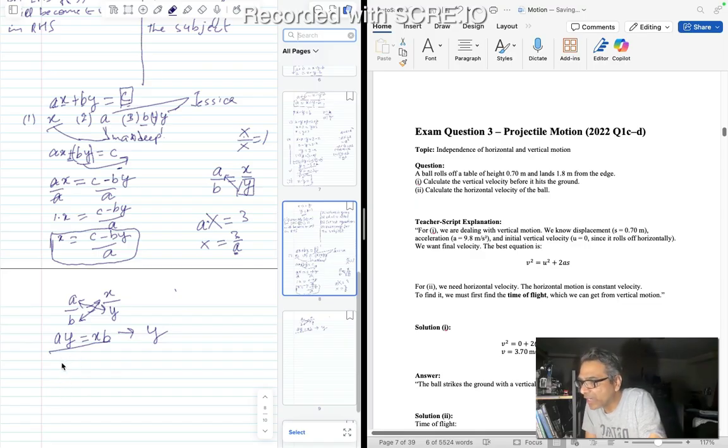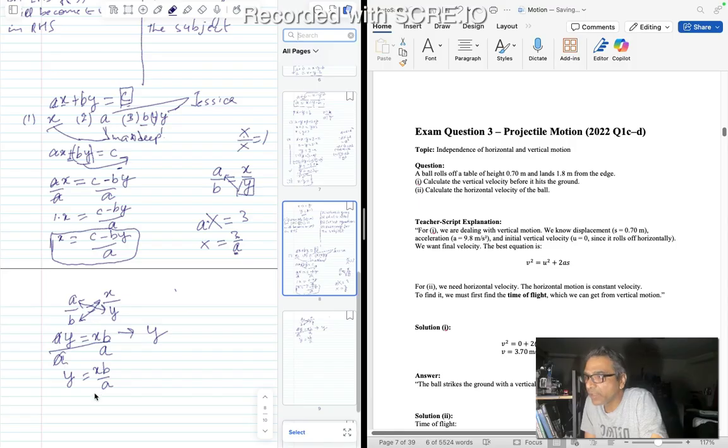I divide this by a and I divide by a here, so this cancels out. Y becomes x b over a.